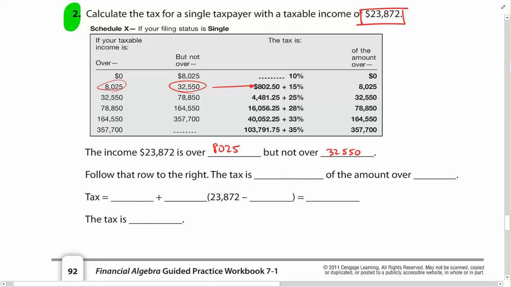The tax is 15% of the amount over $8,025.